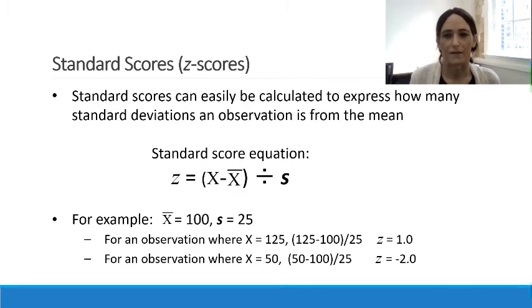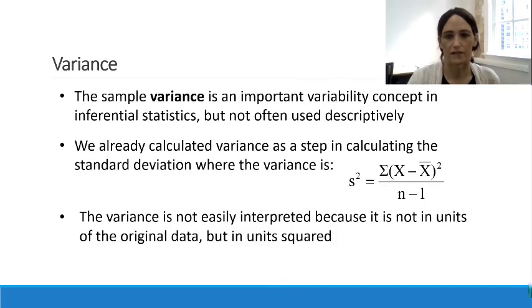If we had an observation of 50, or 2 standard deviations below the mean, okay, so 50 minus 100, 2 standard deviations below the mean. So our z-score would be -2. We can actually have our software do that for us, but it would also be relatively easy to do that computationally, even without that feature.